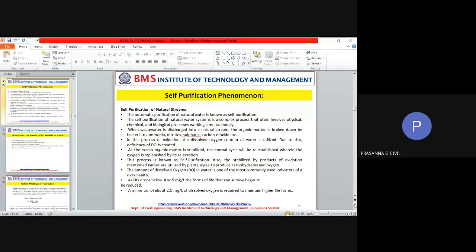Every water will have natural microbes present. It can be bacteria, it can be flora also, phytoplankton and things like that. And these bacteria will convert those organic matters basically into ammonia, nitrates, sulfates, carbon dioxide, and in the process of oxidation, the dissolved oxygen in the natural water body is getting utilized.